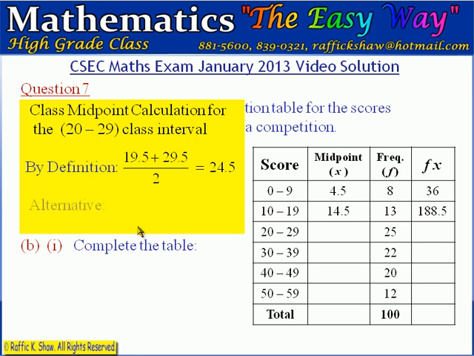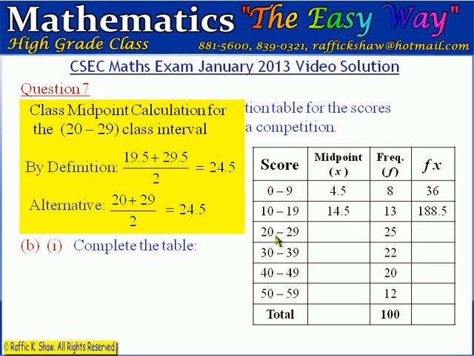And so the midpoint value for this group would be 24.5. But alternatively, we could calculate the midpoint using the average of the limit values, because you can see the 0.5 that is removed from this 29.5 to give us 29 here is added to this 19.5 to give us 20 here. And so the average of the limit values also would give us the midpoint value. The fact is that the midpoint value is halfway between the boundary values and also halfway between the limit values.